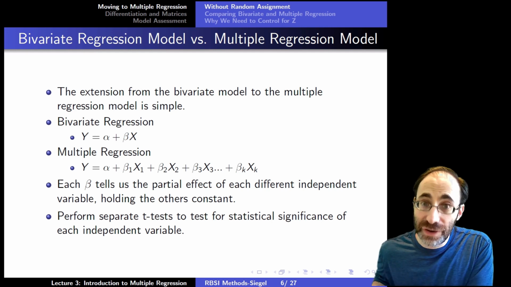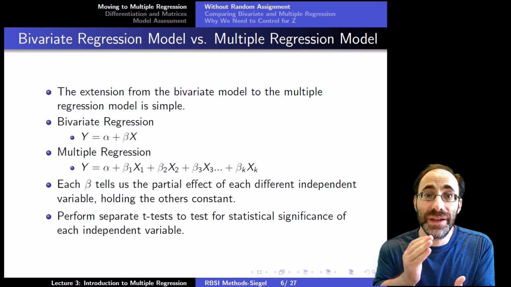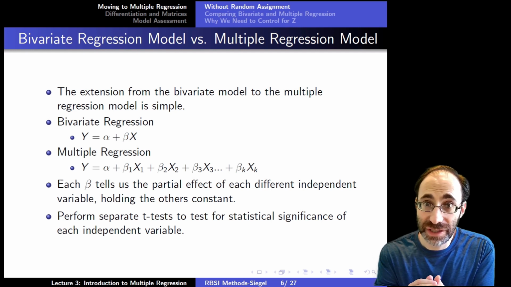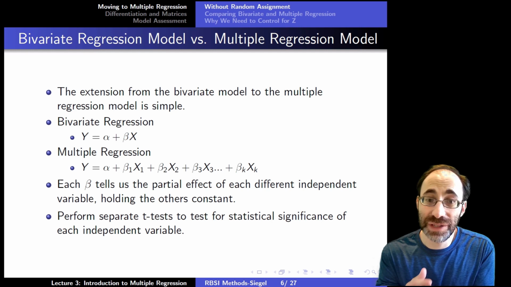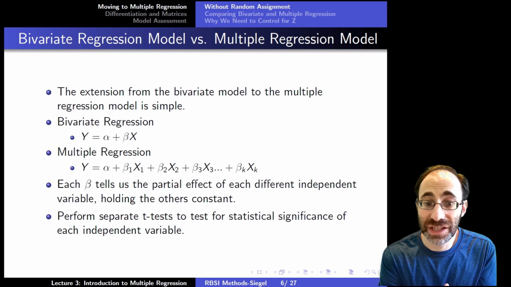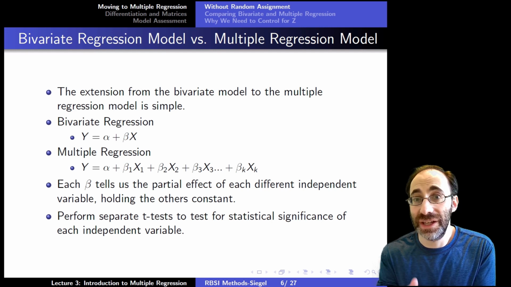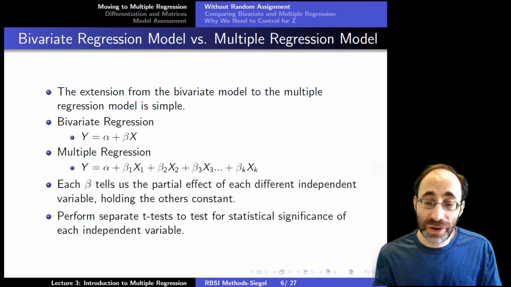And we can further figure out if we have statistical significance for each one of those coefficients. We can tell with 95% confidence if each one is different from 0 by treating each one separately and doing a separate t-test for every single coefficient independently. So all the stuff we did before with bivariate regression all still holds.